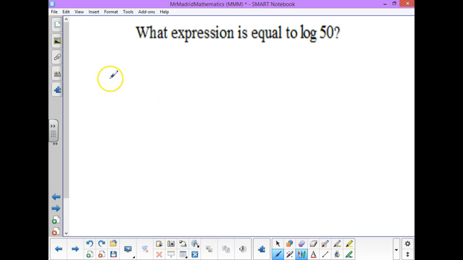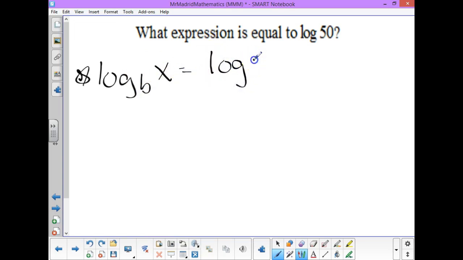As a refresher, I'm going to suggest using the change of base formula. Let me write it out here. I'll put a little star. Log base b of x. Change of base tells you that you can go log of x over log of b. And here I'll put a little box.